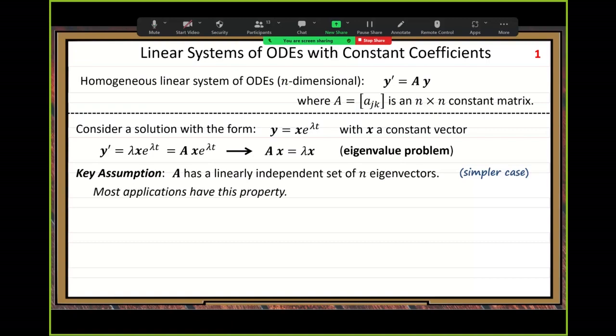So this is a simpler case, most applications have this property, and we just take it.